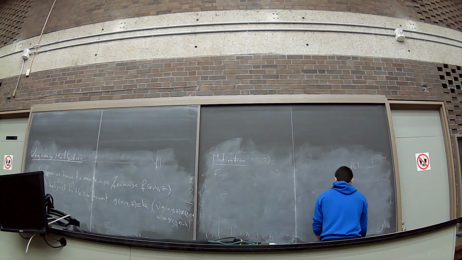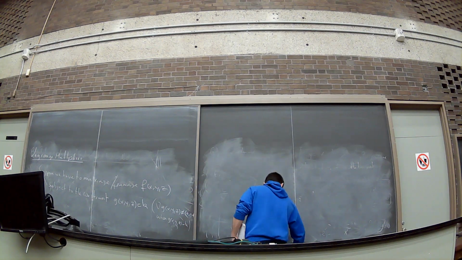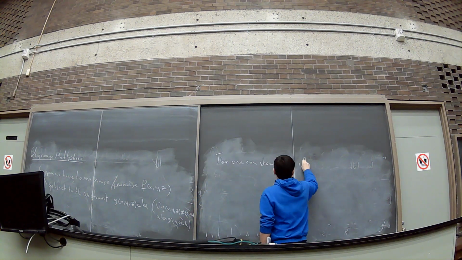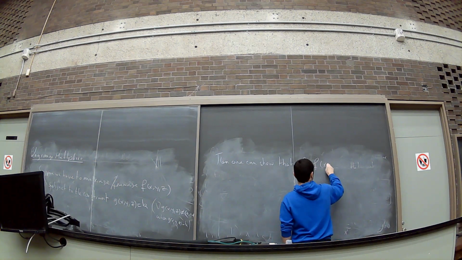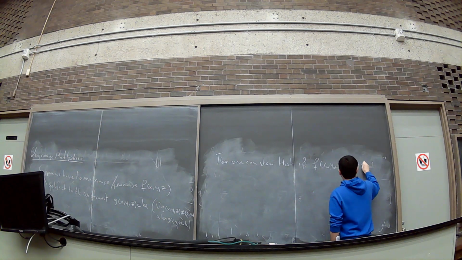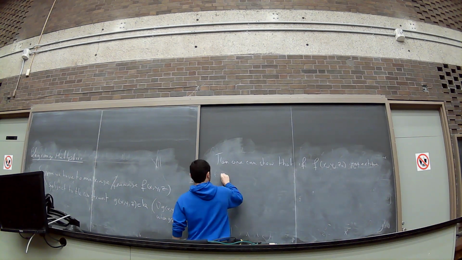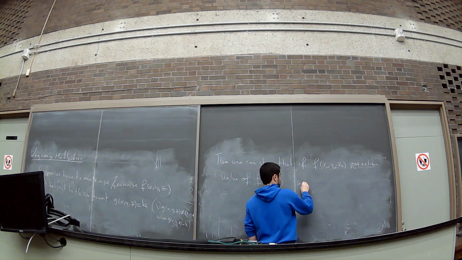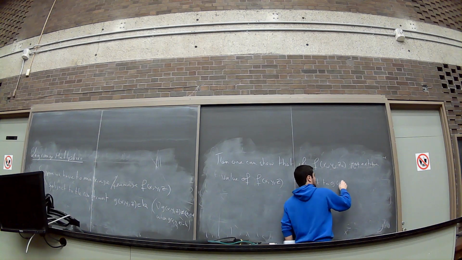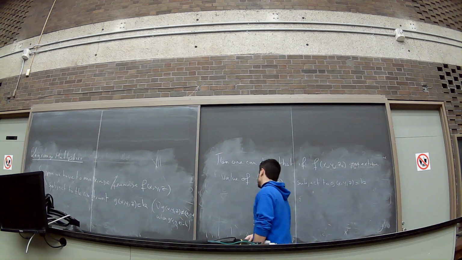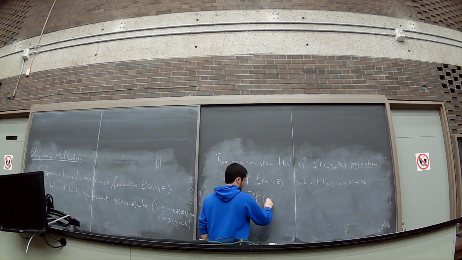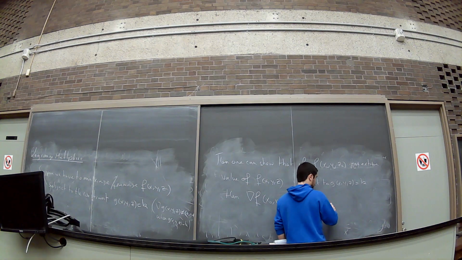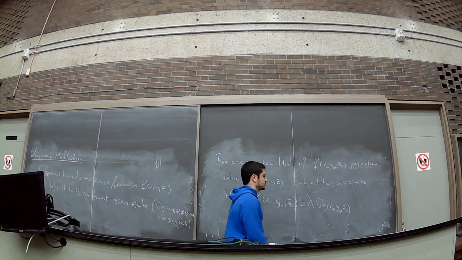Then one can show that if x0 is an extreme value of f(x, y, z) subject to g(x, y, z) equal to k, then the gradient of f is parallel to the gradient of g at that extreme point, for some lambda.